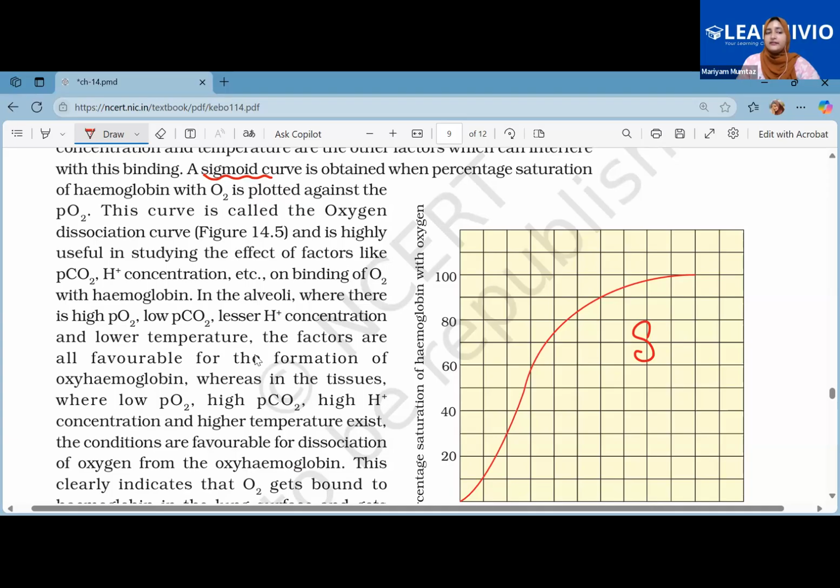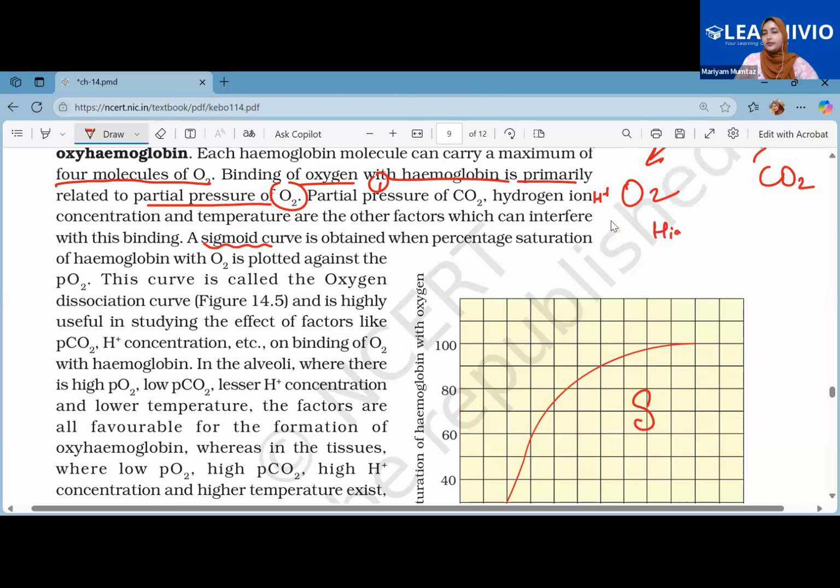Now see, whenever there is high PO2, meaning high partial pressure of oxygen, when there is more oxygen, low partial pressure of carbon dioxide, low H plus ion and low temperature. So what all did I say? First of all, high PO2, meaning there are more and more oxygen molecules.